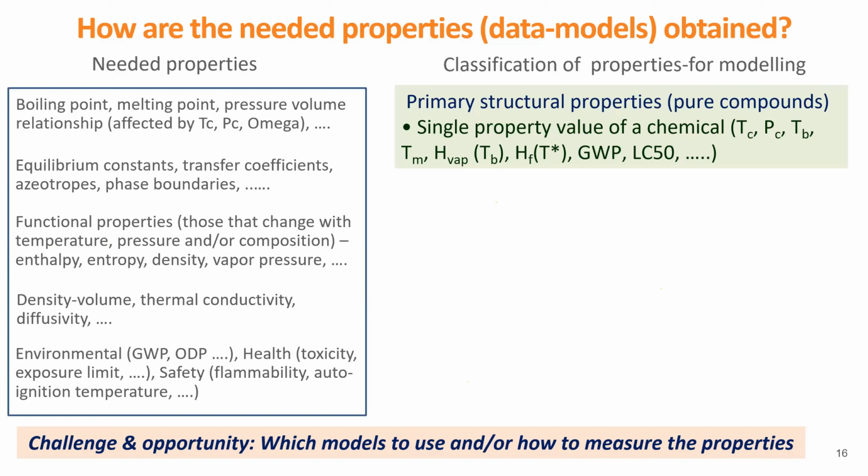These are the pure compound properties of any molecule. And the good thing about that is that it is only dependent on the molecular structure of the chemical. So every chemical defined by its molecular structure has only one value of this property, not anymore. So then molecules can be classified very easily through these properties.